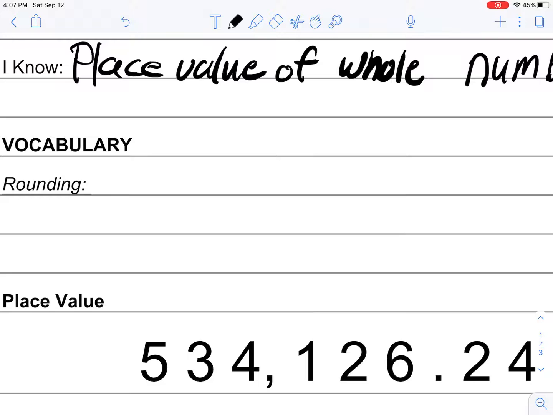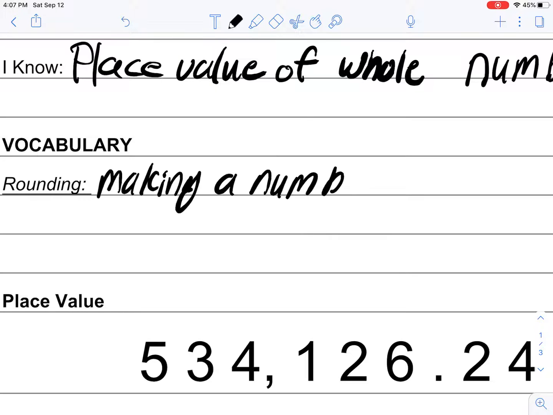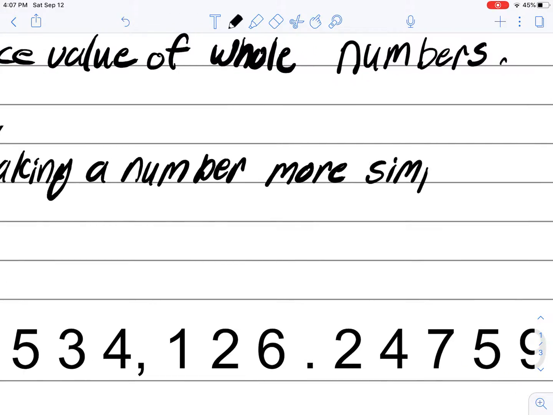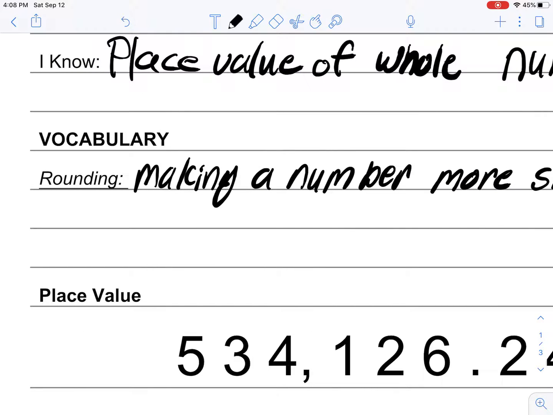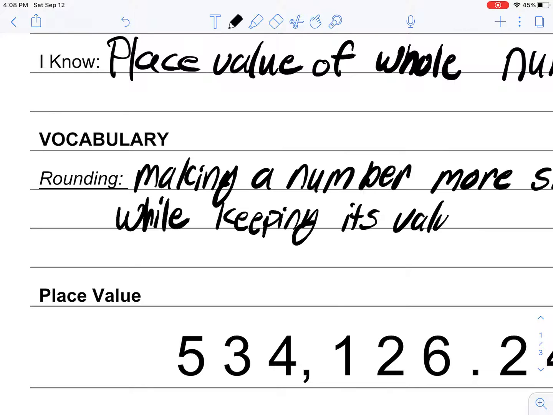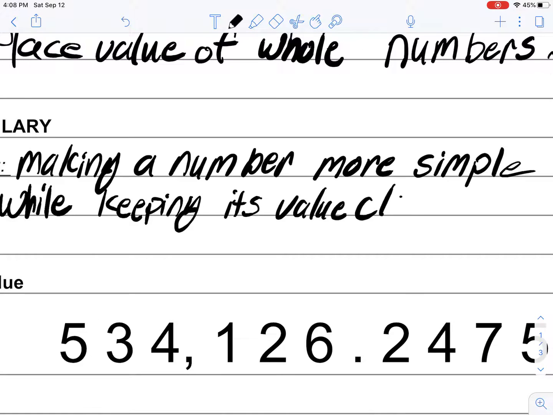So rounding, when we round a number, that means that we are making a number more simple while keeping its value close.